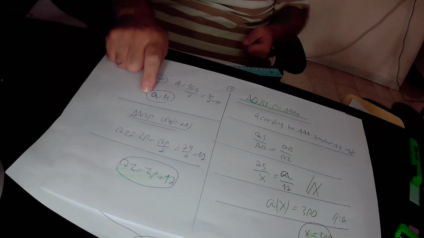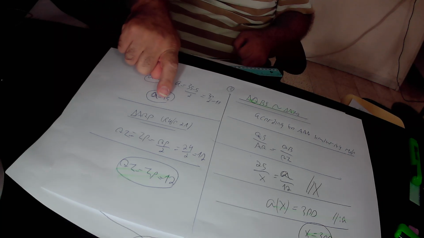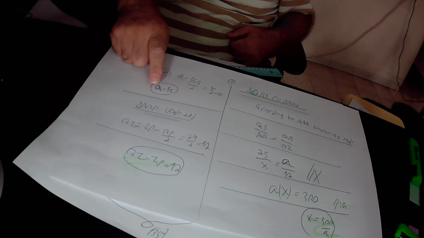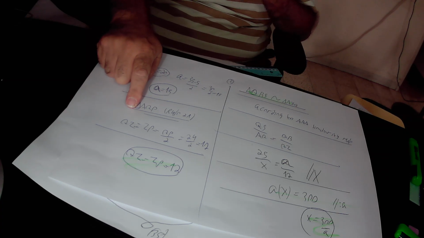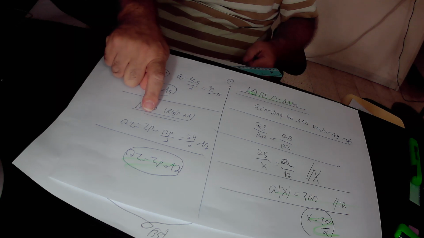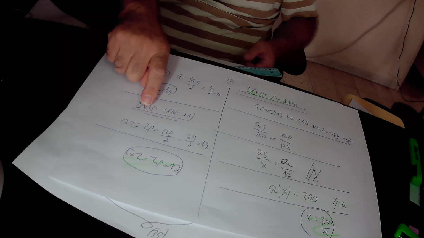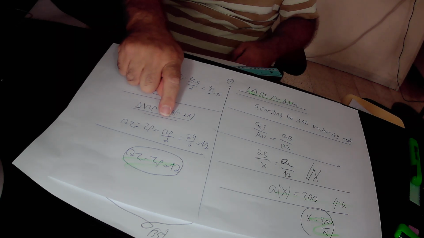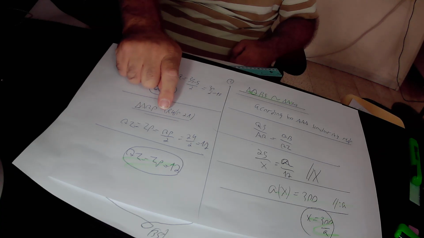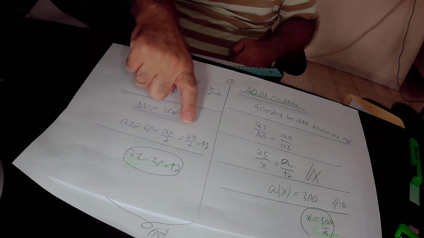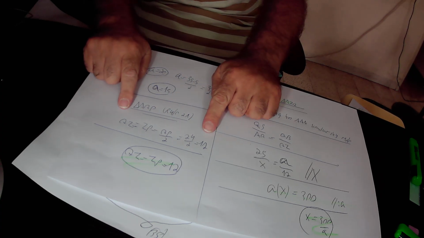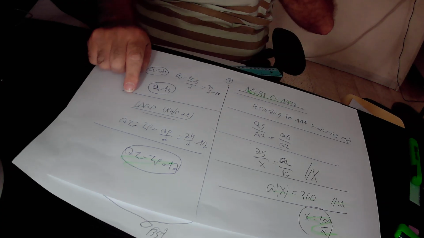According to Rule 21, the first half of QP, that is QZ, equals the second half ZP. QP is 24, so 24 over 2 is 12. From this equation, we know that QZ equals ZP equals 12.